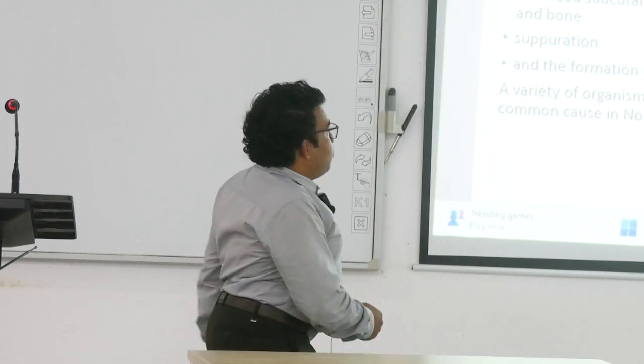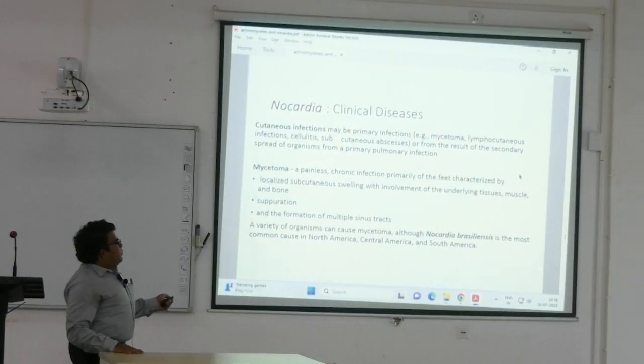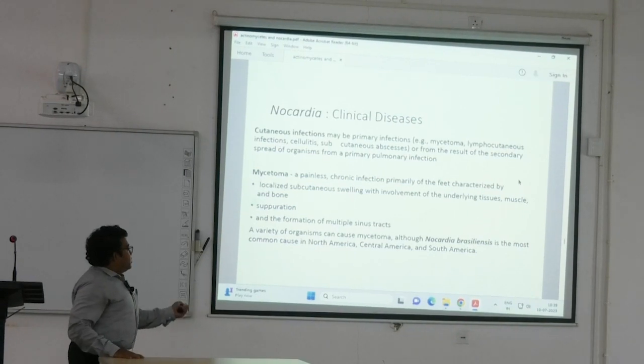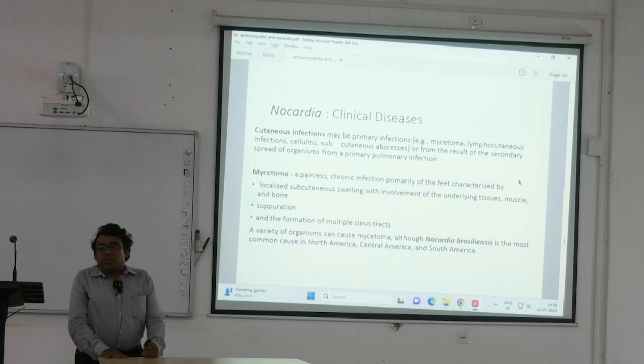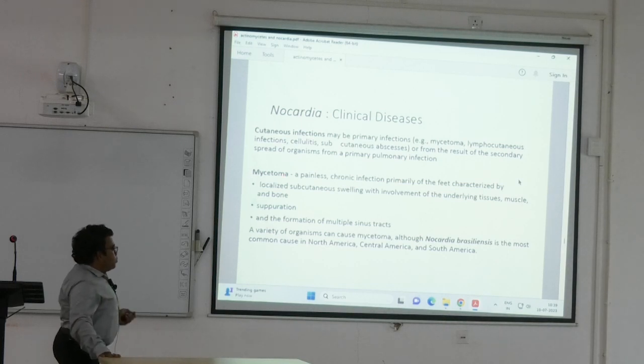In nocardial mycetoma, we will see a painless chronic infection which will infect localized tissue, including underlying tissues like muscle and bone, with suppurations and formation of multiple sinus tracts, that is, multiple openings. This is a common feature of mycetoma.